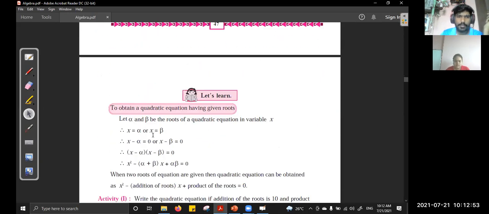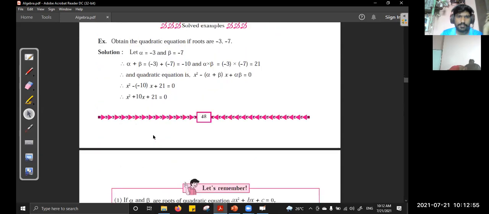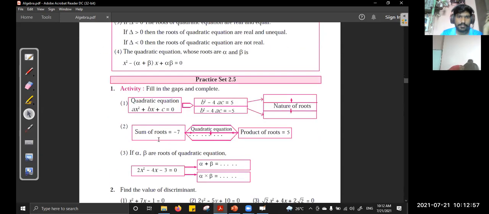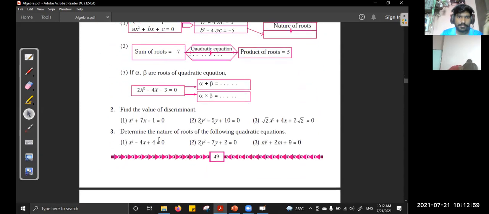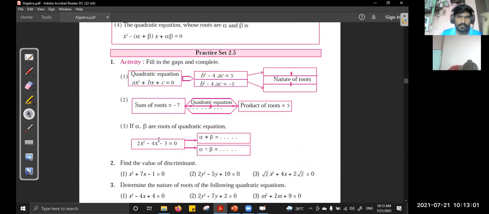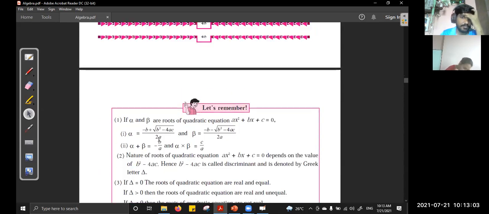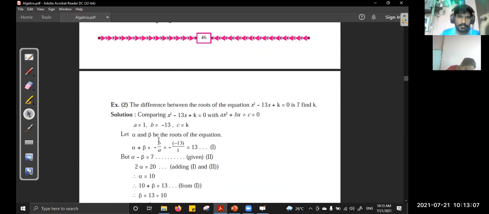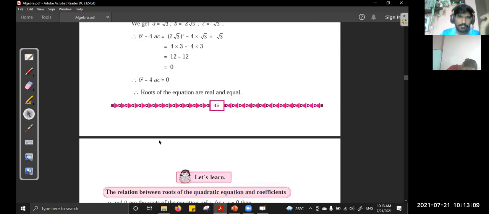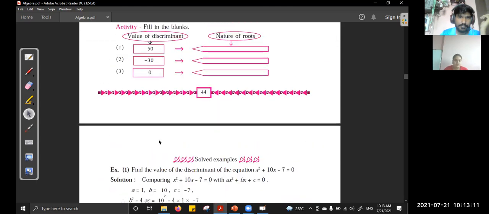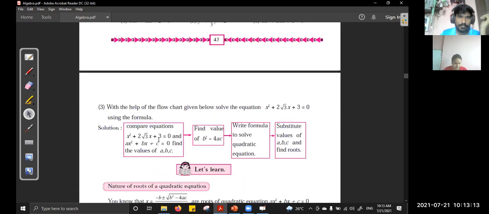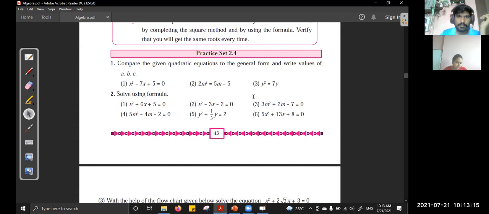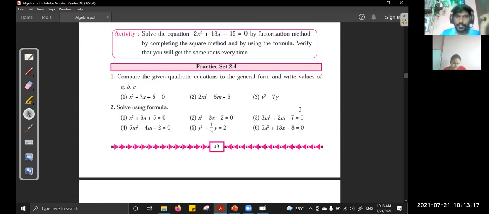You can write it in the textbook itself. Practice set 2.4, the first one, it was. Now we'll start the second.